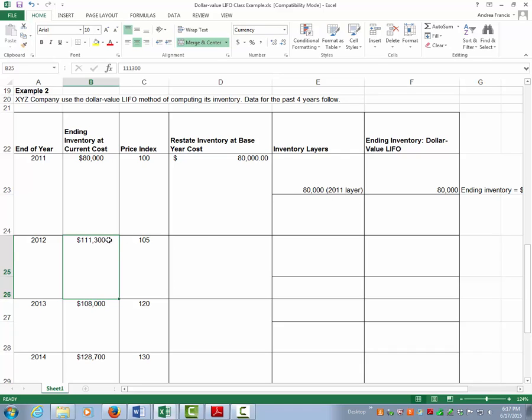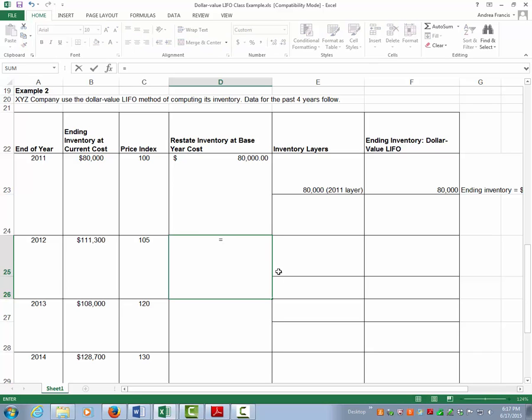The reason I say that is, remember, LIFO assumes that the oldest inventory is still left behind. So what's happened here is that because prices have gone up, we will have to adjust to see how much is this amount if we restate it at the base year cost.